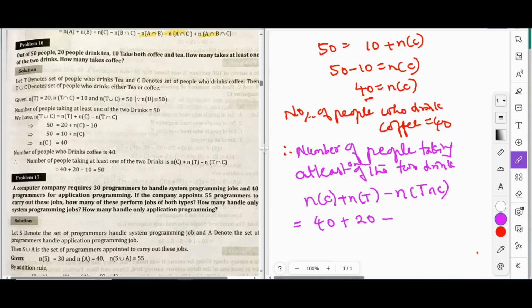How many people drank both? It was 10. So it will be 60 minus 10, which is 50. So the number of people who drink at least one of the two drinks is 50.